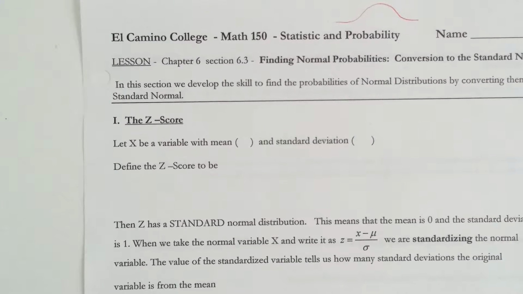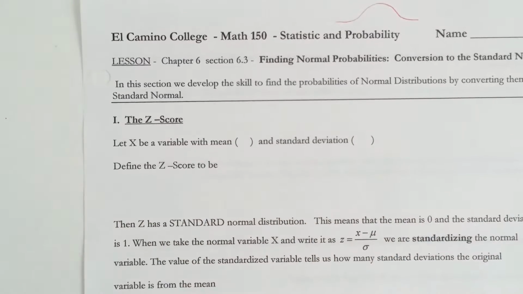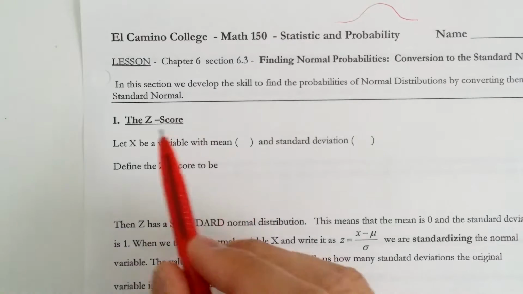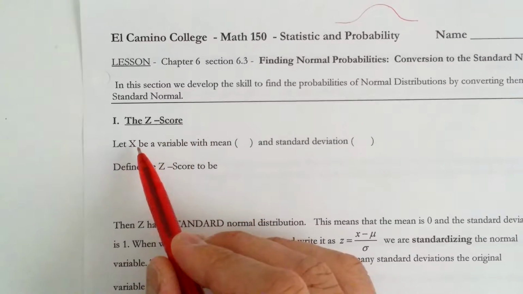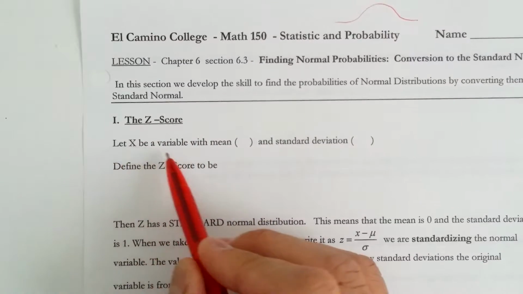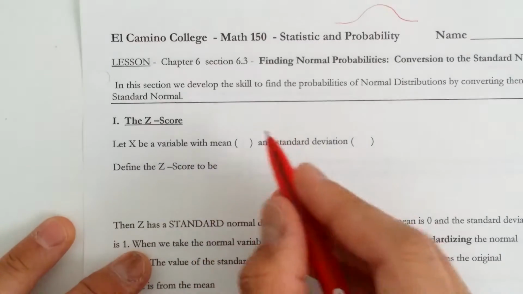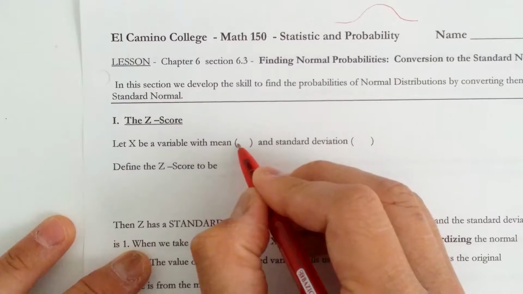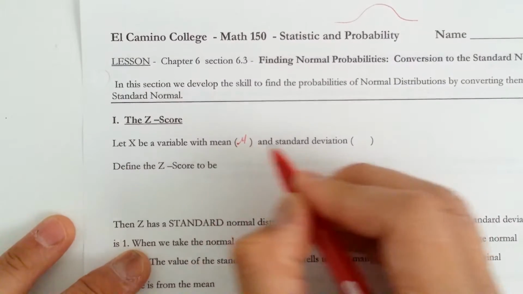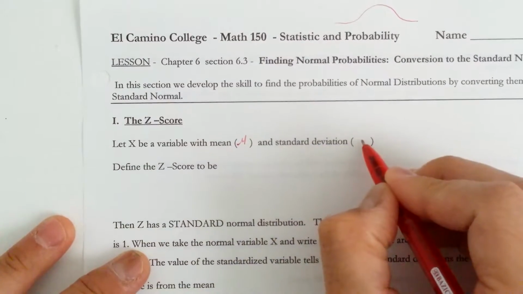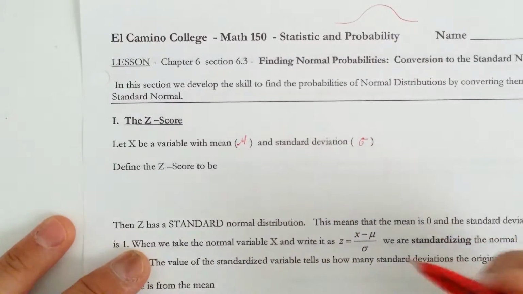Remember that the z-score can be found using a specific formula, and I'll show you what that formula is in a little bit. But before we find the z-score, we need to let x be a variable that represents something with a mean that's given to us and a standard deviation that's also given to us.